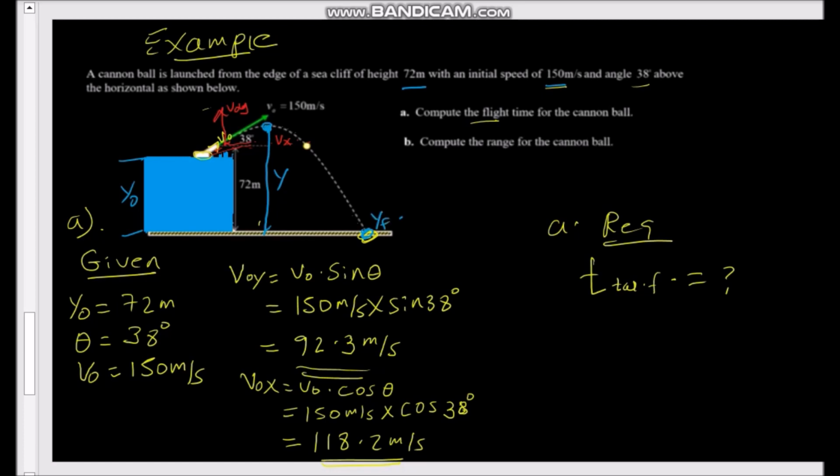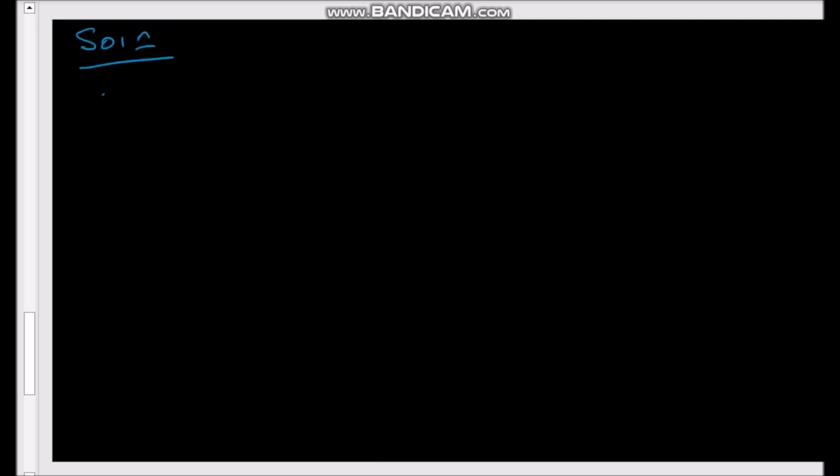Now at this point at y final we have the total time of flight. To calculate total time of flight, we have to use our equation.